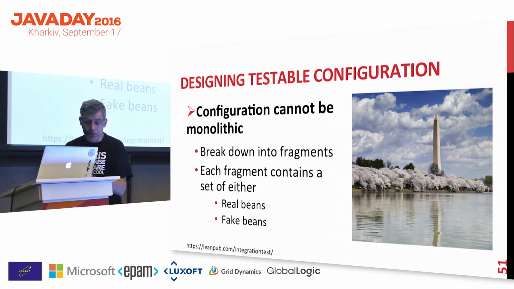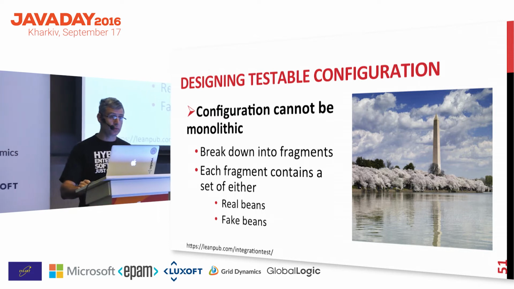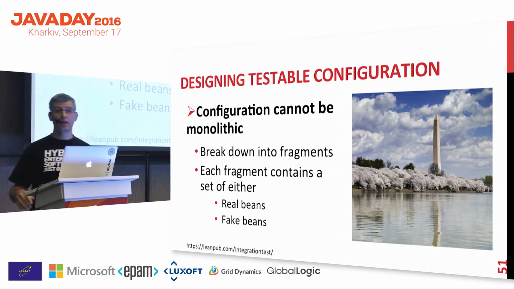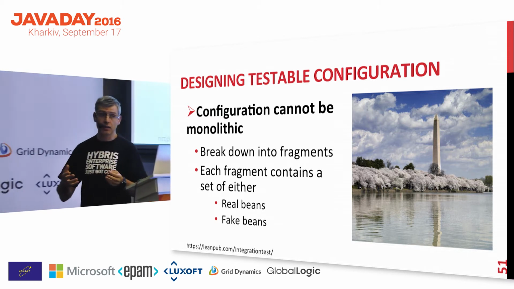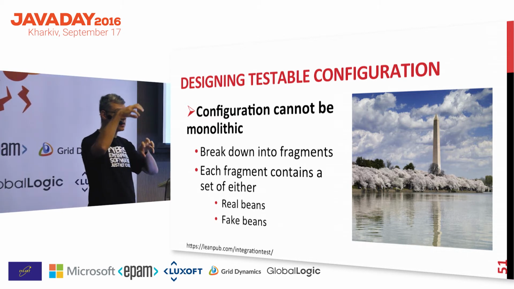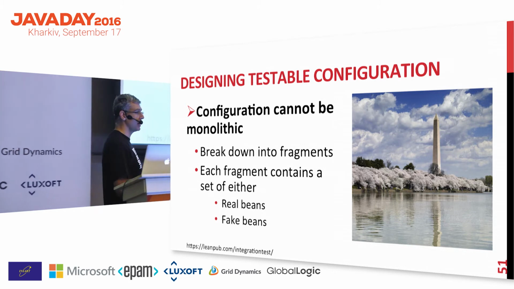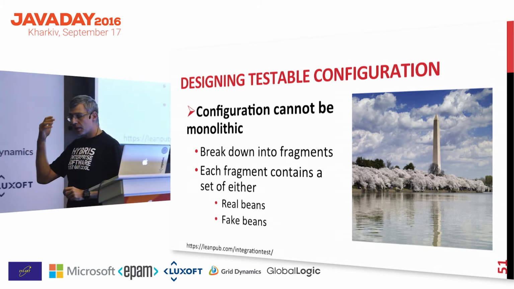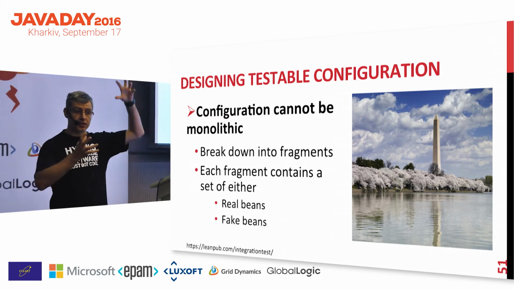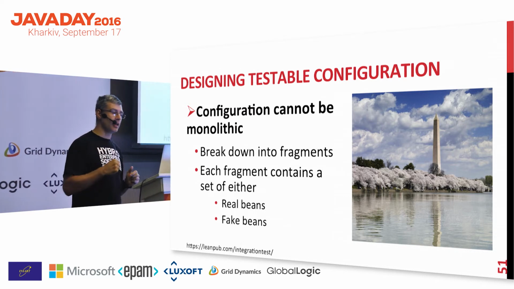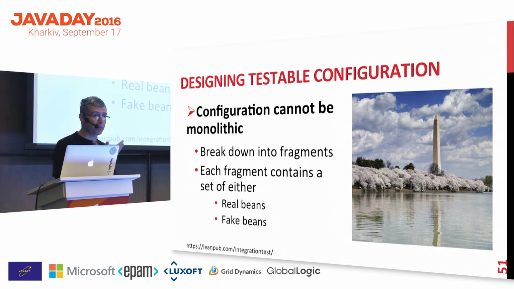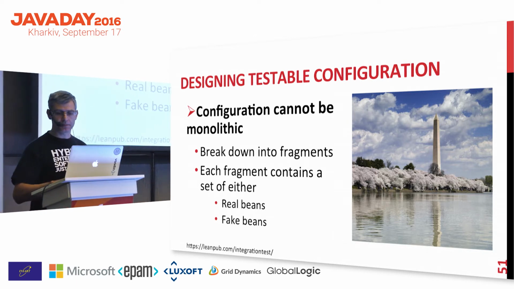So configuration is like normal code, even more true if you're using Java configuration. It shouldn't be monolithic. It should be little pieces where every piece has a responsibility. So now we will design such sets of beans, and each set can contain either real beans or fake beans, and we can replace them.